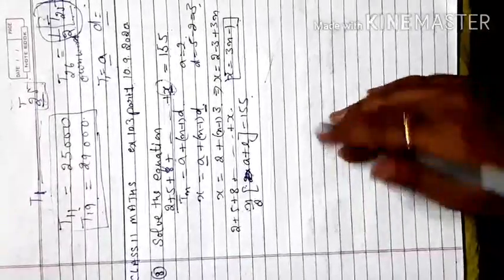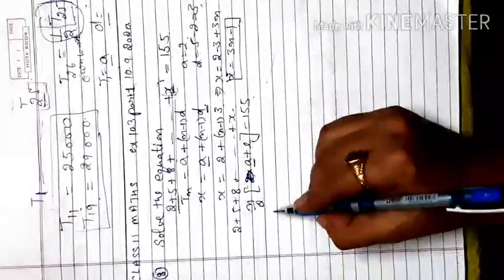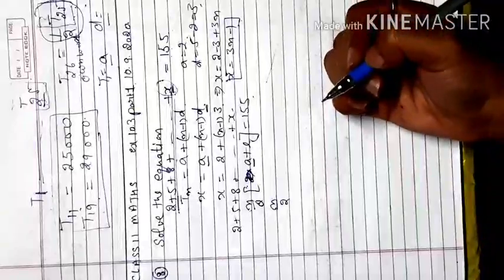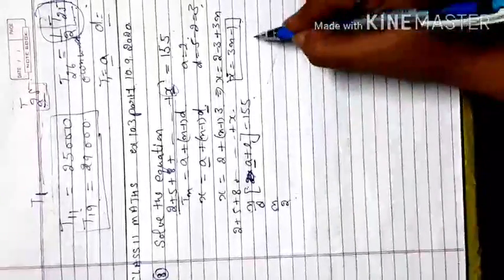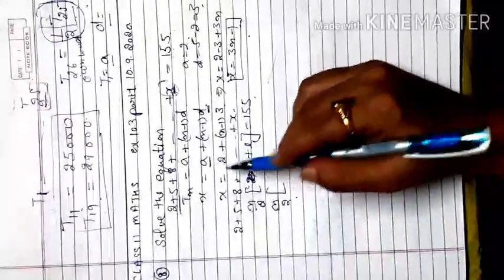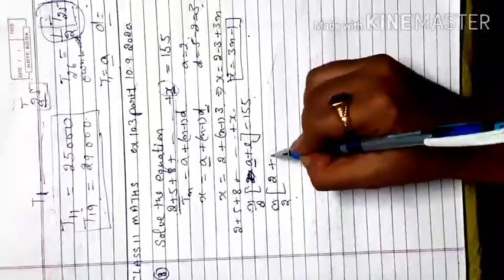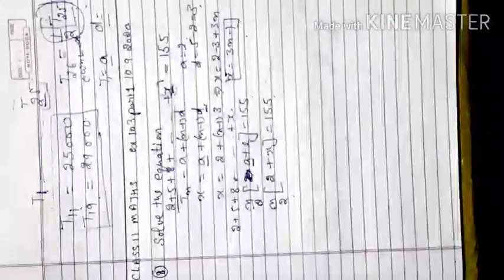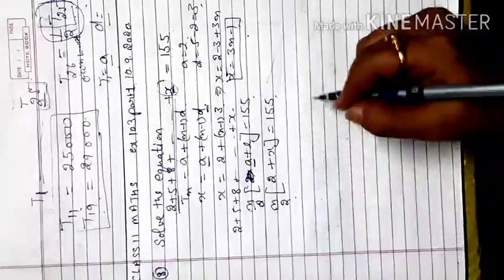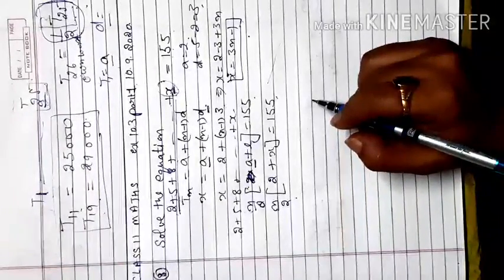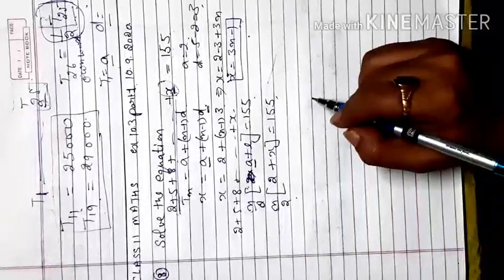Here the a value is 2, I replace it, and we don't know the number of terms, which we have to find. If we find the number of terms, we can easily find our x value. So here the a value is 2 and the last term is x, and the sum is 155. Now the condition is that we have two variables. It is not possible to solve with two variables in the same equation, so we make it a single variable.